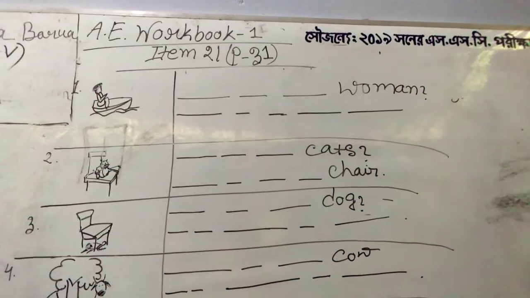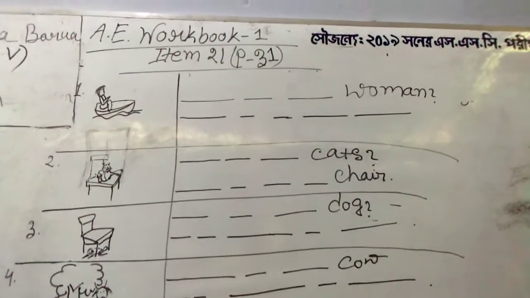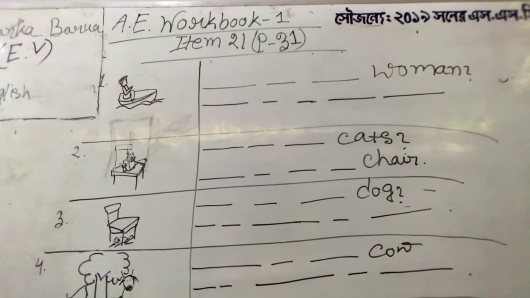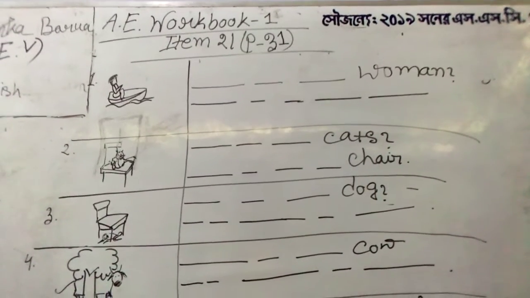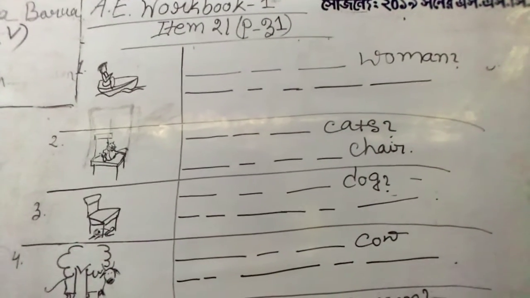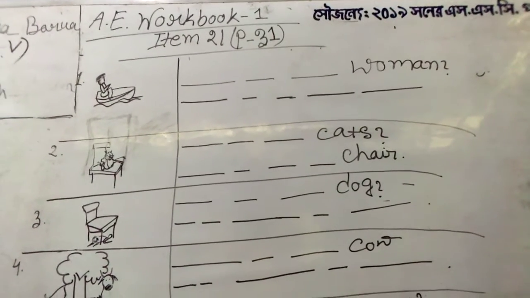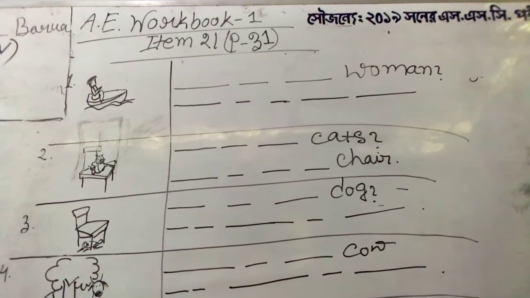Don't we? Yes. So this is Active English workbook part 1 and the item number is 21. As I already told you, item number 21 will be in two pages. The earlier class was on item number 21 but page number 30, and now it's time for the next page, page number 31.